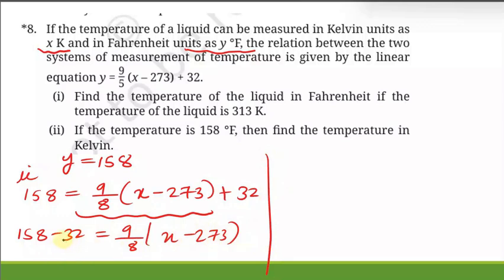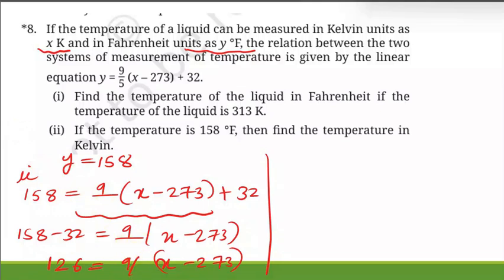So 158 minus 32, you will get it as 126. So 126 is equal to 9 by 5 into x minus 273. Now we'll take this 9 by 5 to the left side. Sorry, it was 9 by 5, my mistake.